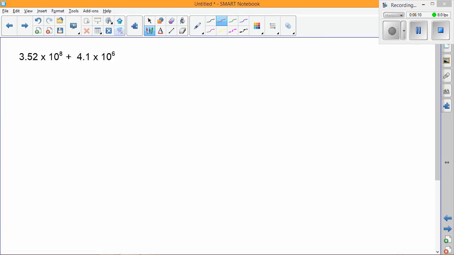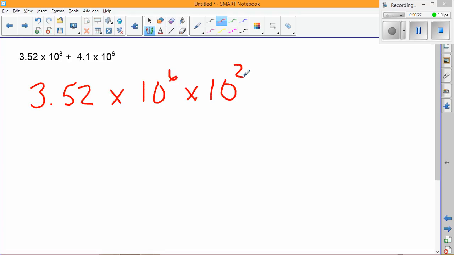However, when the exponents are not the same, we need to make the exponents the same so that we can add them easily. So I'm going to rewrite 3.52 and I'm going to decompose 10 to the 8th by using our laws of exponents. So I'm going to make it 10 to the 6th times 10 squared. So 10 to the 6th times 10 squared should be 10 to the 8th power. So now we have an equivalent statement.